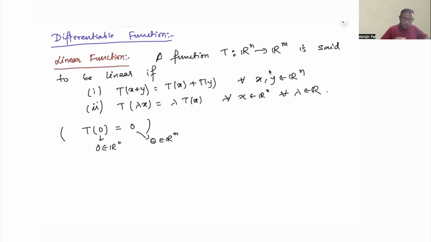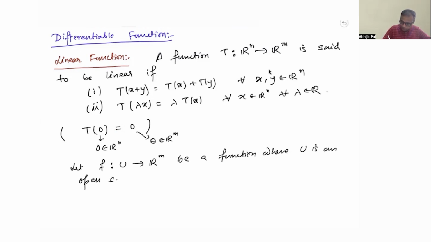So now let me define what we mean by a differentiable function. Let f from U to R^m be a function, where U is an open set in R^n.